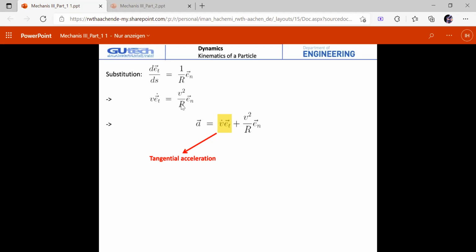It gives v squared divided by r, En, and then we get the acceleration: the tangential one, v dot Et, and the second one, which is the normal acceleration.